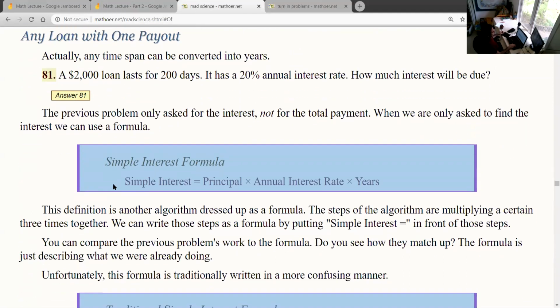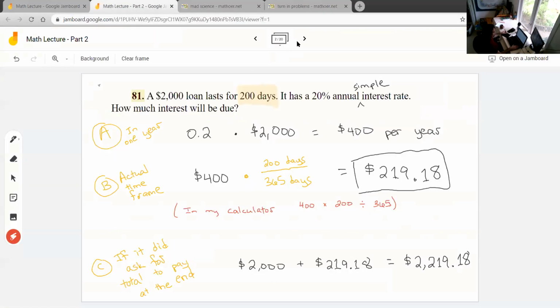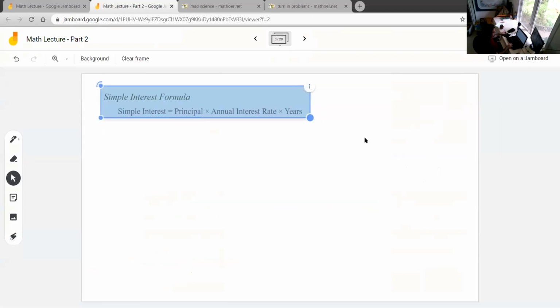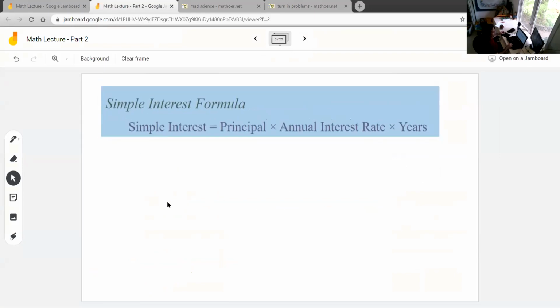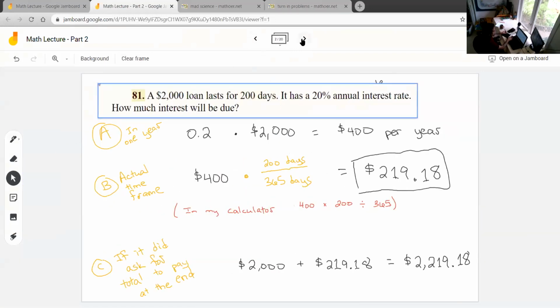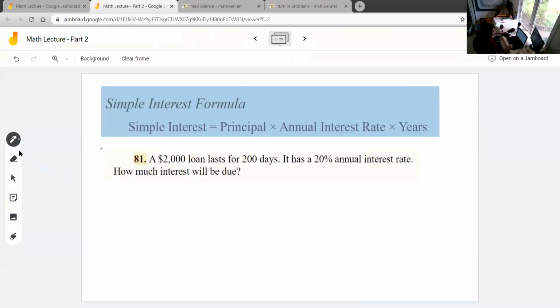Okay, the simple interest that people talk about all the time has this formula. And this formula is exactly what we've done. I can take the same problem and do the same math, but make it look like a formula.